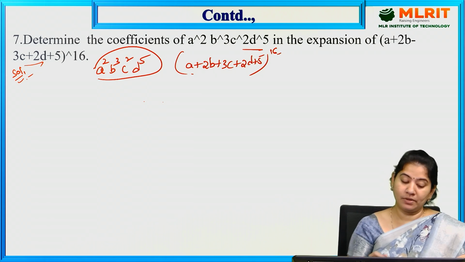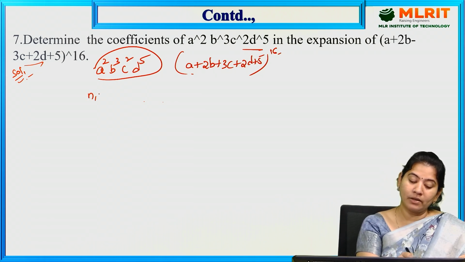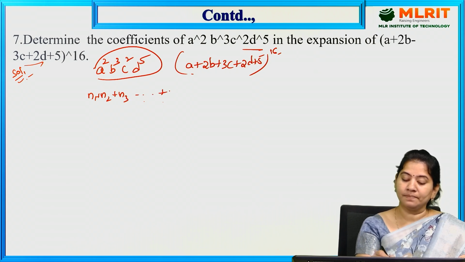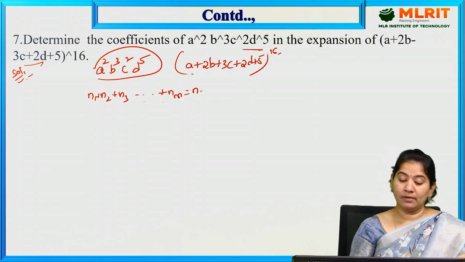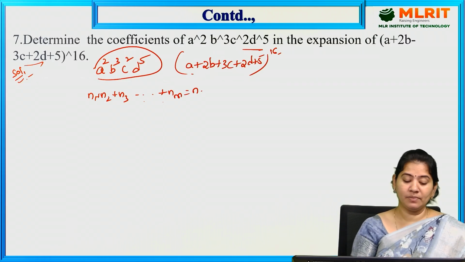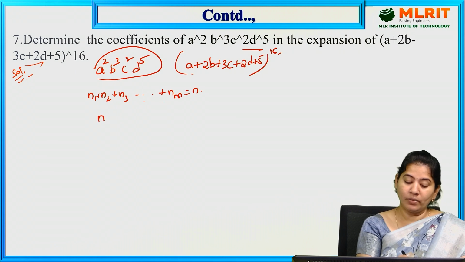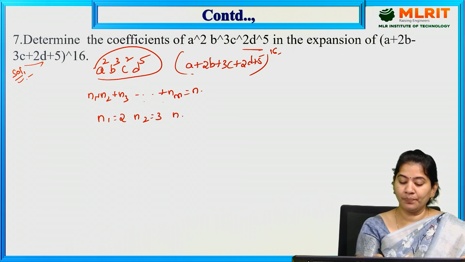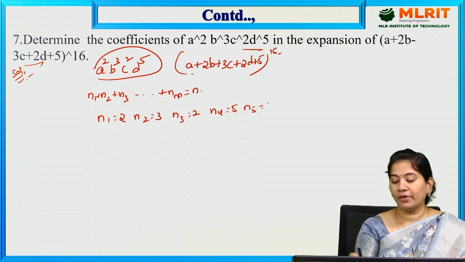Now if you observe here, we know that n1 plus n2 plus n3 and so on plus nm is equal to n. So now how many terms do we have here? We know that n1 is equal to 2, n2 is equal to 3, n3 is equal to 2, n4 is equal to 5, but we don't know n5.